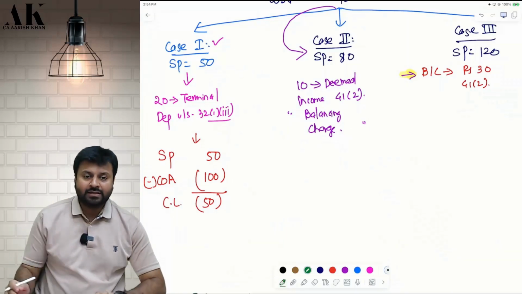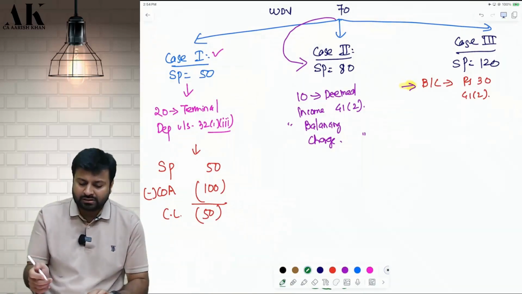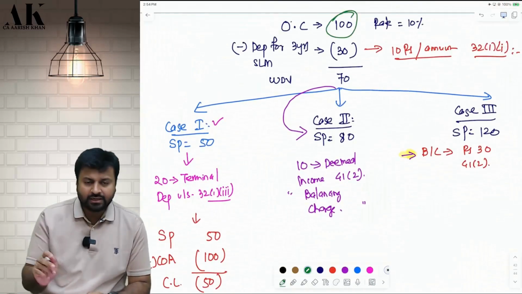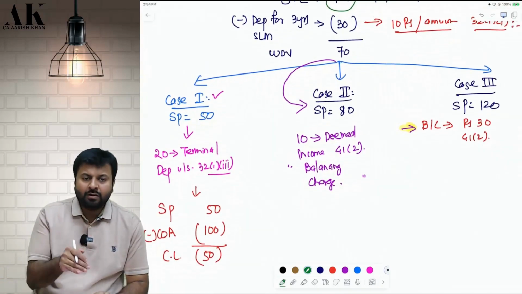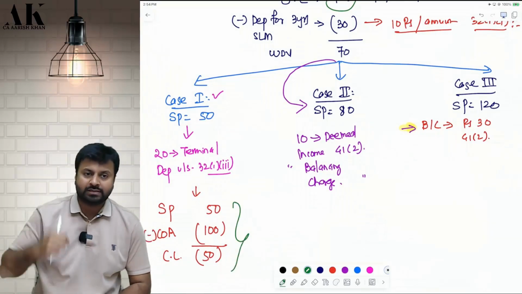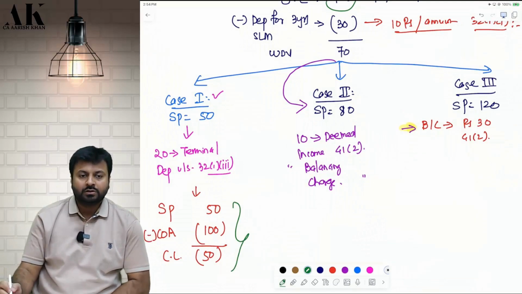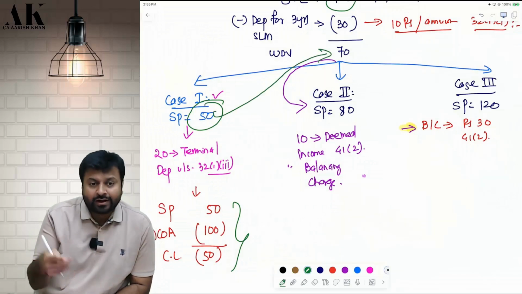Listen carefully, please. There is a very dangerous game played by the government over here. 50 rupees is my selling price. 100 is my cost. You can see over here, the cost of the asset is 100 rupees. 50 rupees is my loss. Now, if the government starts to do computation of capital gains in this manner, there will be dual benefit given to the assessee. Let me tell you how. Can I say 50 minus 70, you are already claiming under PGBP?